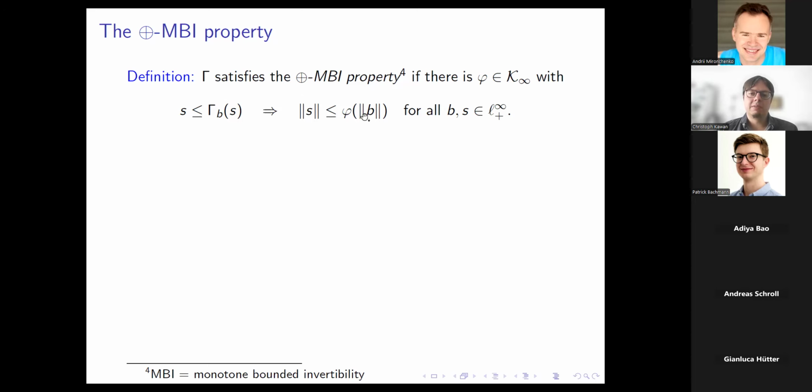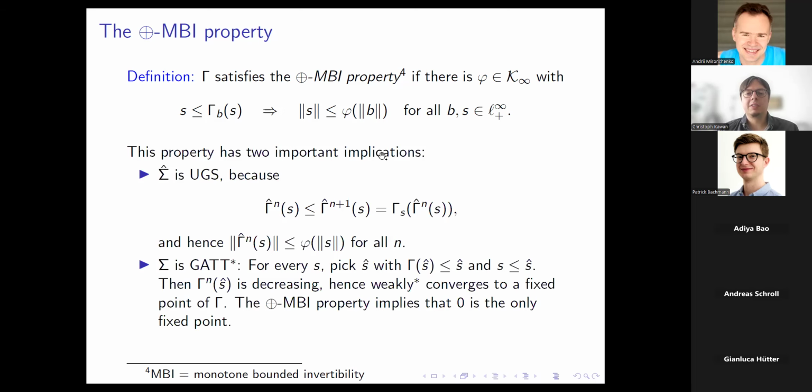If you additionally assume that your operator is a linear bounded operator, and that this function phi is also a linear function, then this is exactly what is called monotone bounded invertibility in functional analysis. So this is why I chose this name. It's actually related to something that you might know.